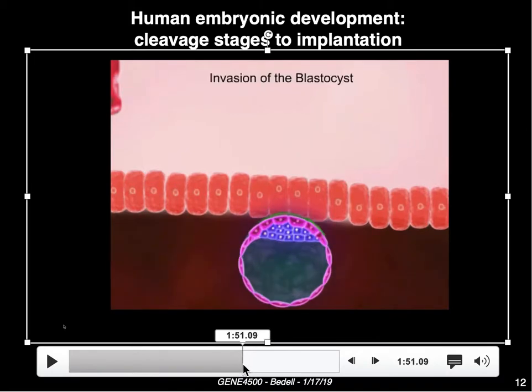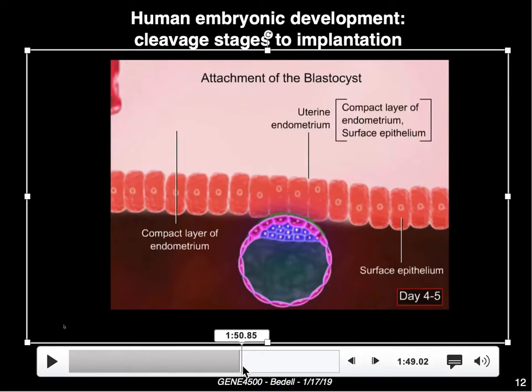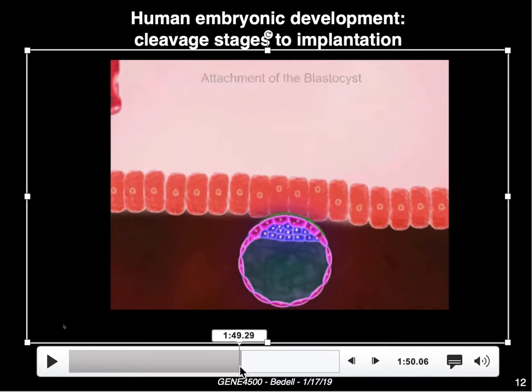Because a cancer cell has to break through the normal boundaries between tissues before it can get into the bloodstream or the lymph system to be able to seed, travel to other tissues and metastasize. So some people actually study this process as a way of understanding its relationship to cancer cell invasion.